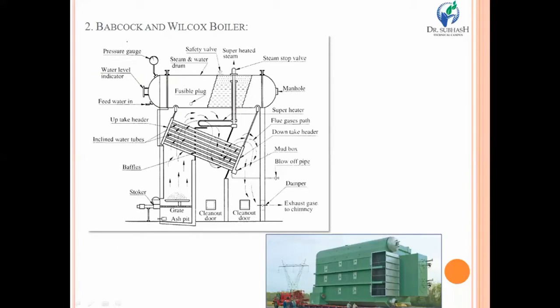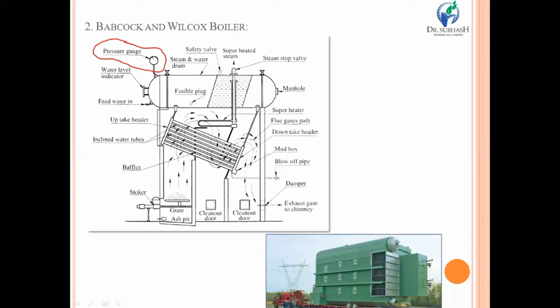Now, over the water level indicator, there is one more instrument, the pressure gauge. Its function is to measure the steam pressure that is generated in the boiler.